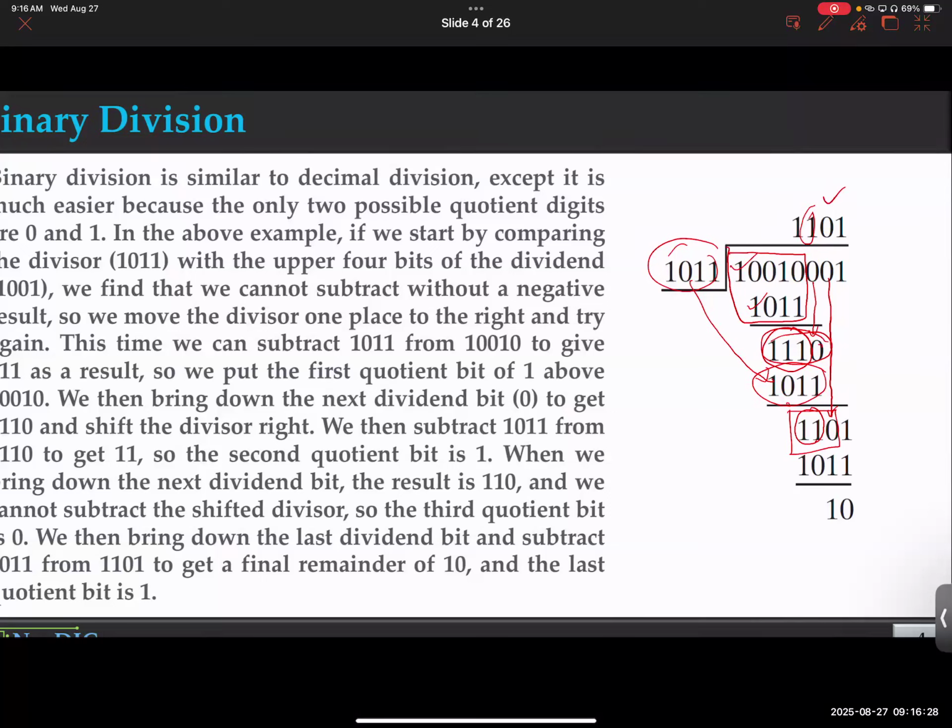In other words, can I divide it with the number already without anything else? No, we cannot. So we bring down one more digit, and now you can. So you put in another 1 here, and this is the end. After that, you have no other digits to bring down. So this is the final result. This is your answer. This is the remainder. That's how you work.